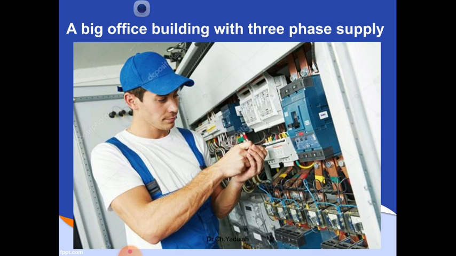In that condition, how are we going to do that work? Same, instead of single phase, here we are using the 3-phase switchgear and protection equipments. Here you can observe, instead of MCB, here the MCCB is used, the blue colored one.